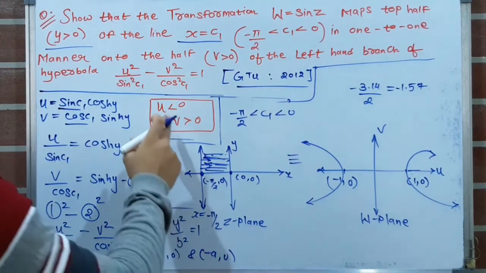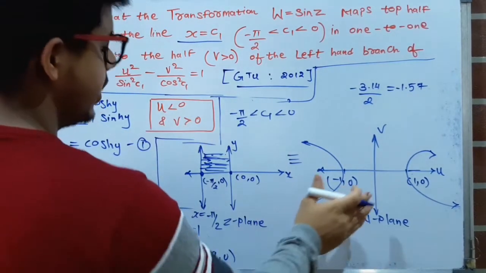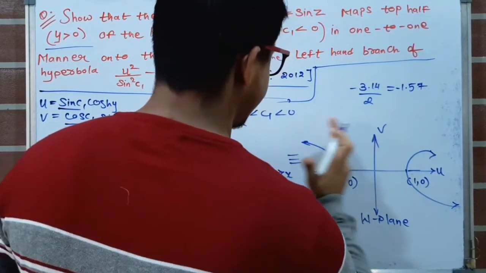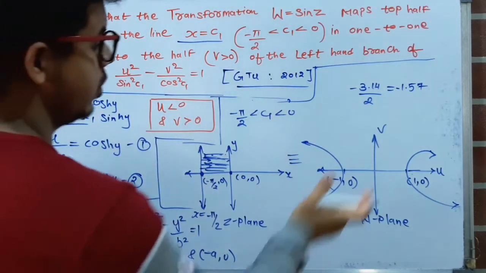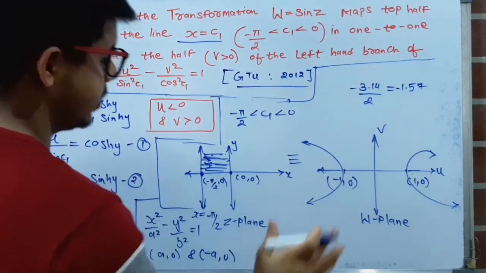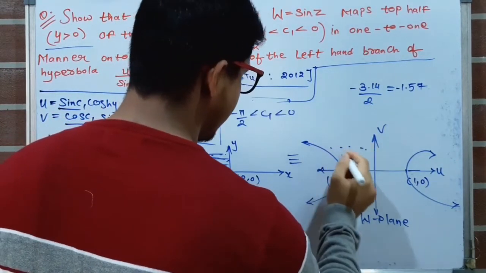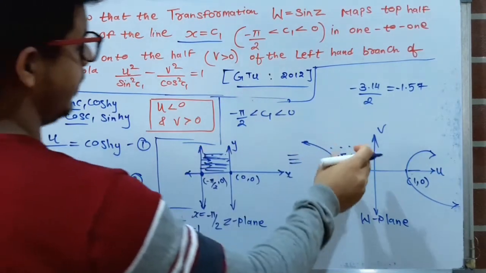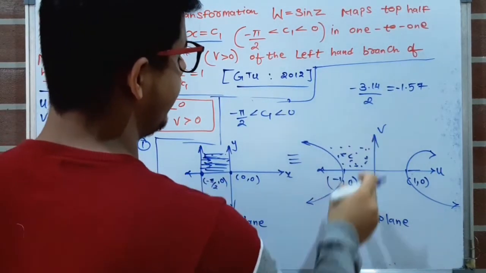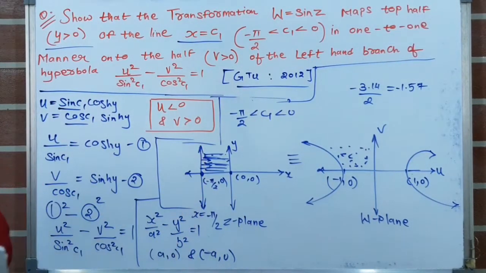Here it is given that u is negative, so this side is considered. Now v is positive, so the upper half of v is considered. So this will be the region. This region is transformed into the left hand region of the hyperbola. I hope you understood this numerical.